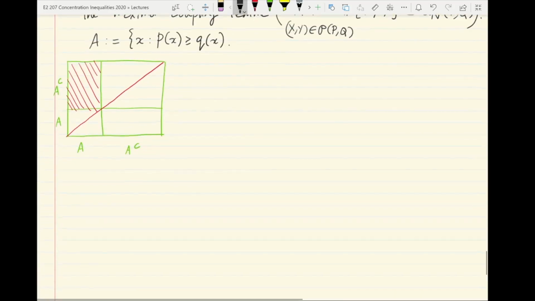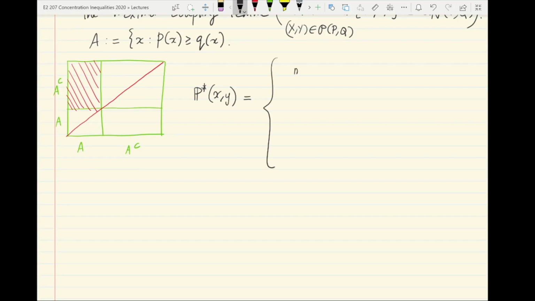So now let's just use the same coupling. Just to put it down formally, this coupling we called P star(x,y), which is defined to be min(p(x), q(x)) if x equals y.